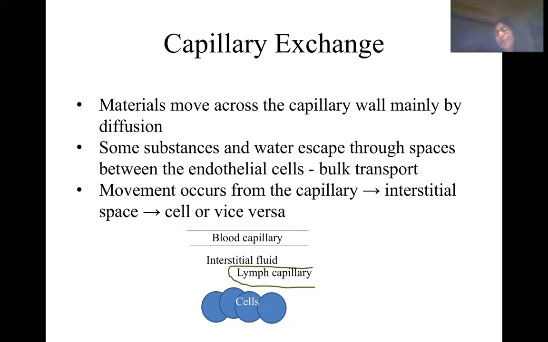Anytime water moves, it's mainly by osmosis. And then diffusion of substances, oxygen and CO2, for example, move through diffusion. Facilitated diffusion is possible. So there are all kinds of specific transport mechanisms that occur at the capillary.